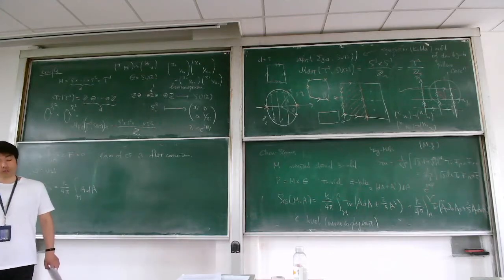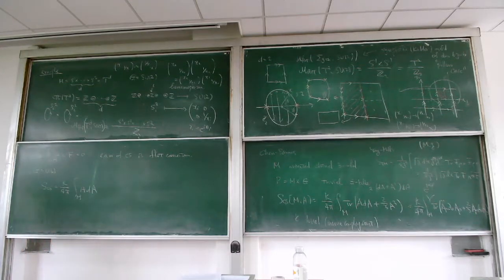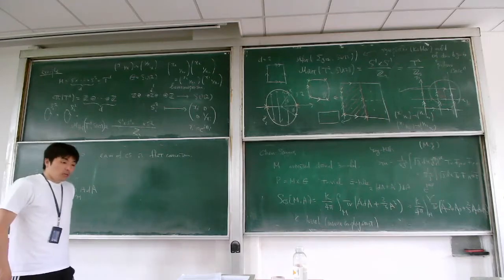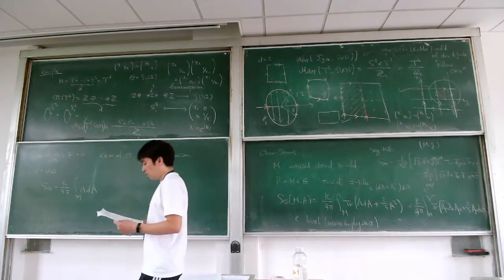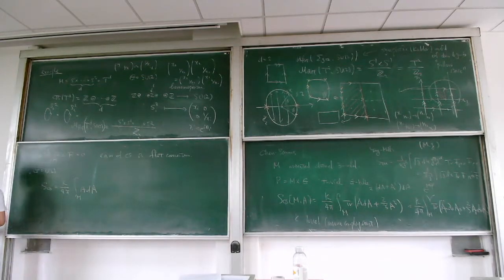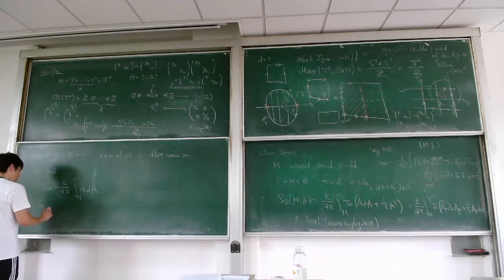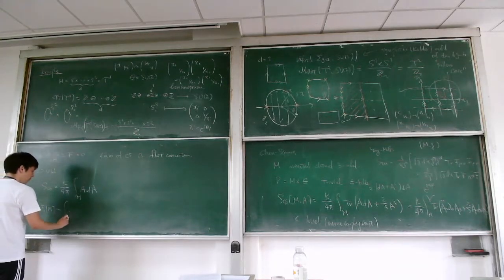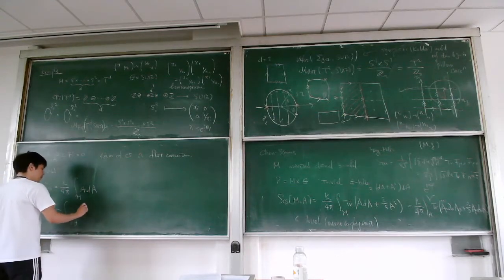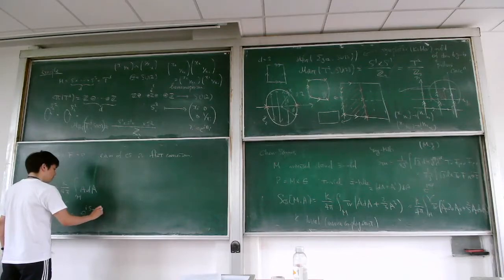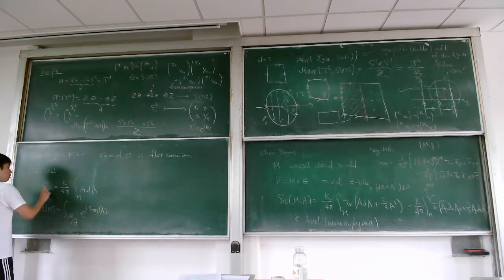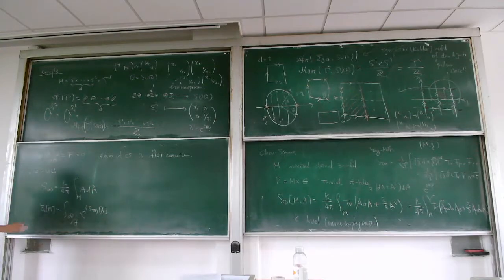There is no cubic term because it's abelian. Then for the path integral, you can consider the following thing.